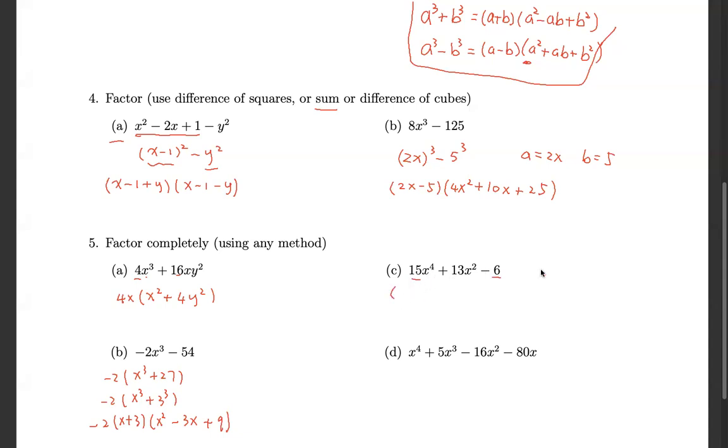You think about 15 times negative 6, and then somehow you find factors that add up to positive 13, right? So for 15, let's do 3 times 5, then negative 2 times 3. So from those factors, how do we form positive 13?